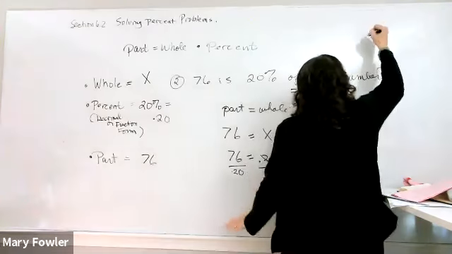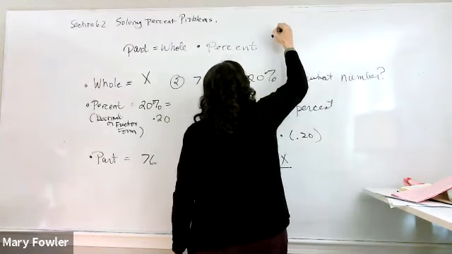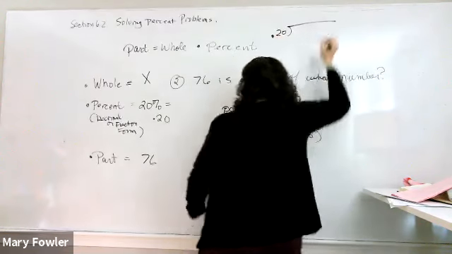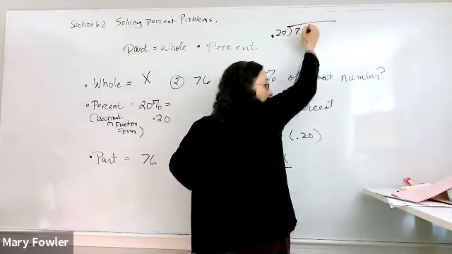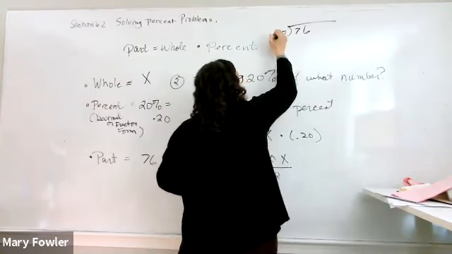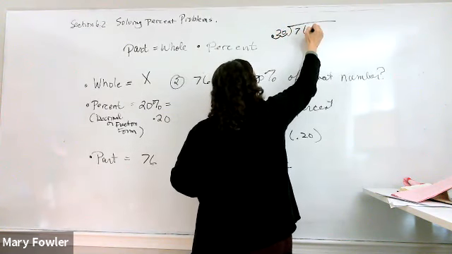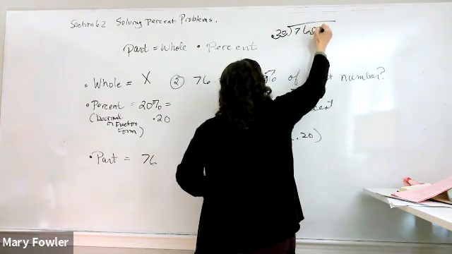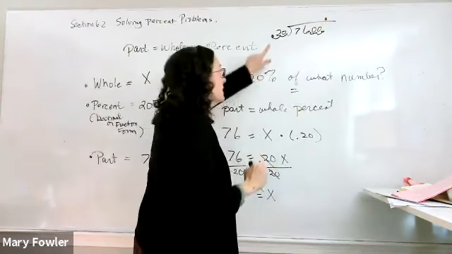So it's 0.20 into 76. Okay, so I want to move my decimal point twice to the right. All right, so it's 20.